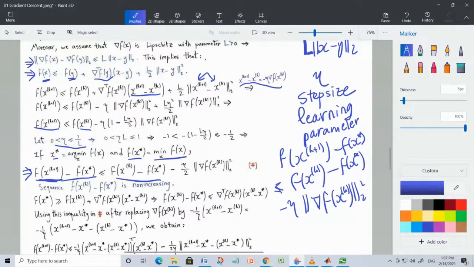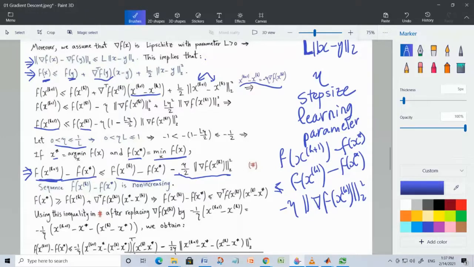If the gradient is not 0, this term is strictly negative. How can we interpret this inequality? It means you are always getting closer to the optimal value, the minimum of the function, which here is f of x star.